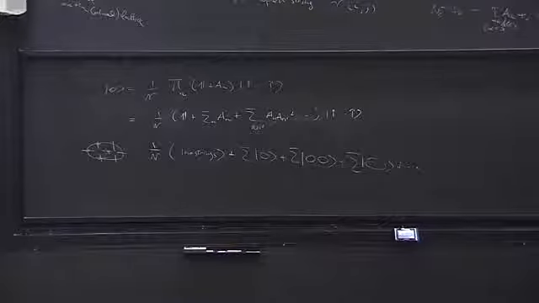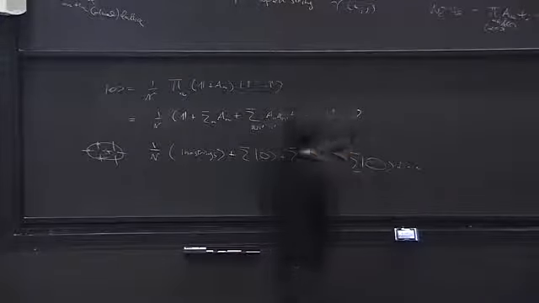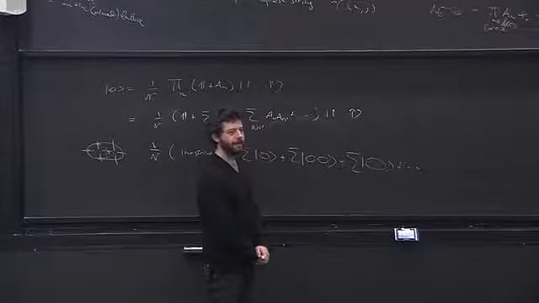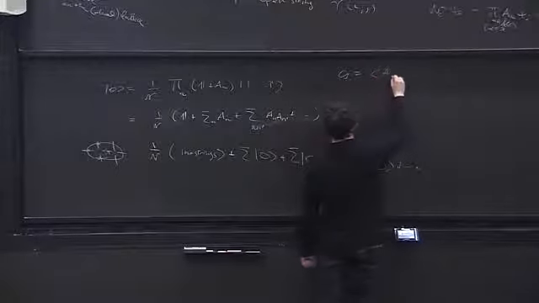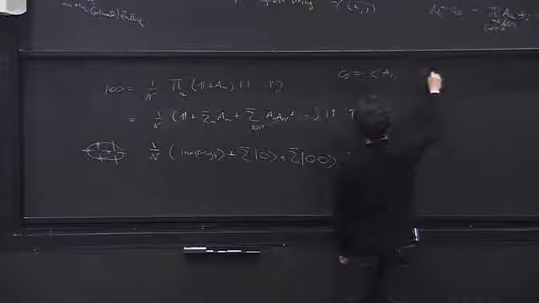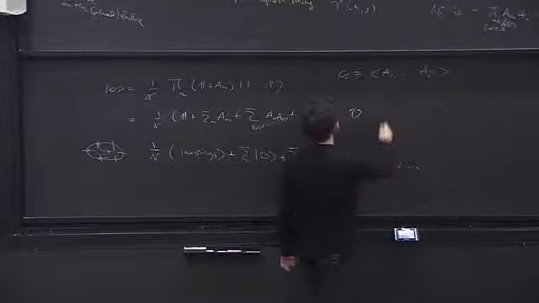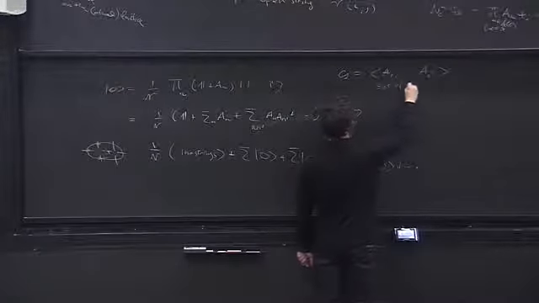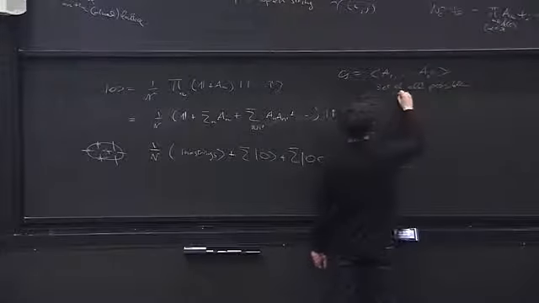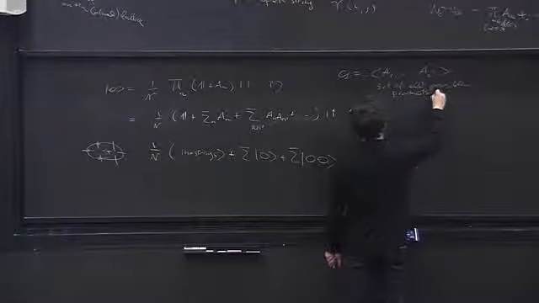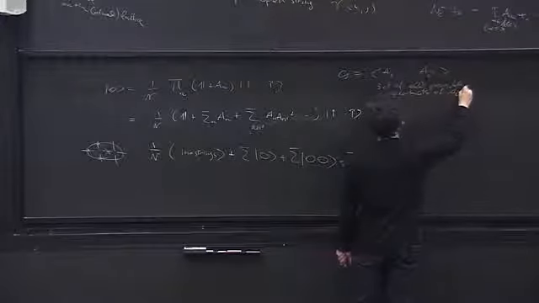The set of all the possible products of elements that are in another set. This is the associative group. So let me call it G. This is the notation. It is the set of all possible products of A's.